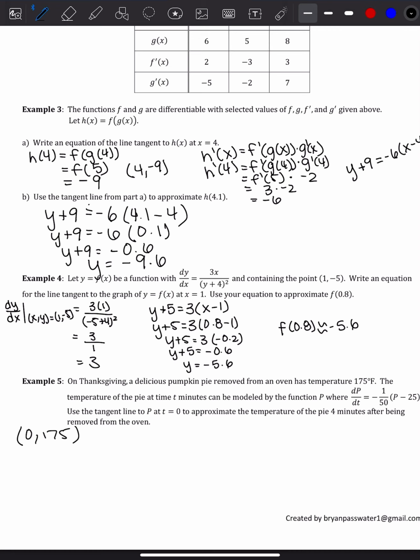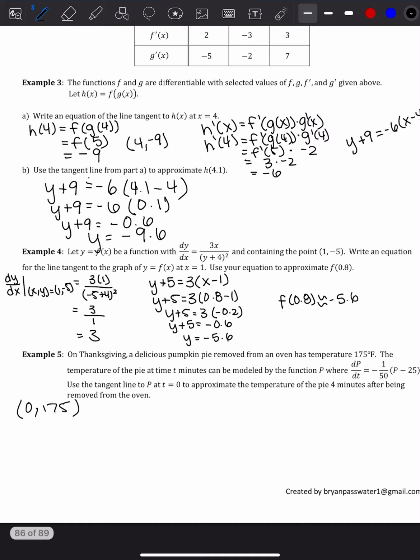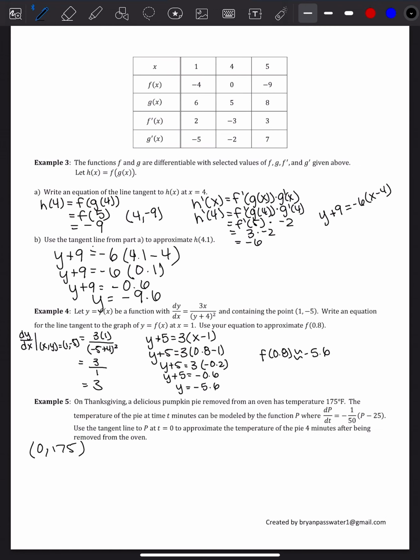Now, to find our slope, we're going to plug everything into our dp over dt equation. One of the things that we know is that it's using p. P is that 175. This time we're going to say p of 0 is equal to 175. So we now know x and y.